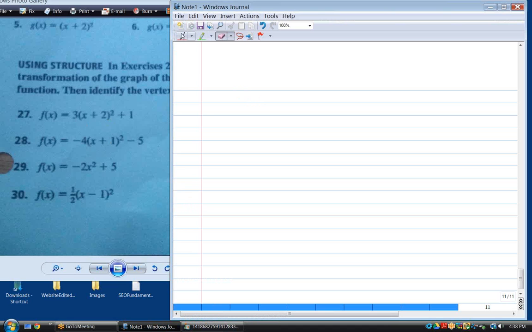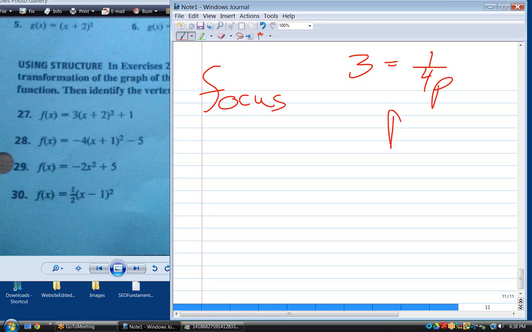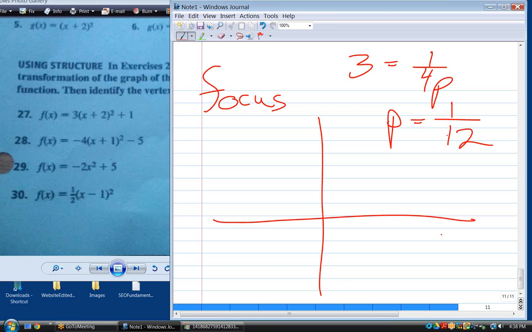27, what is p? 3 equals 1/4p, so p equals 1/12. Now, I want you to give me the coordinates of the focus.